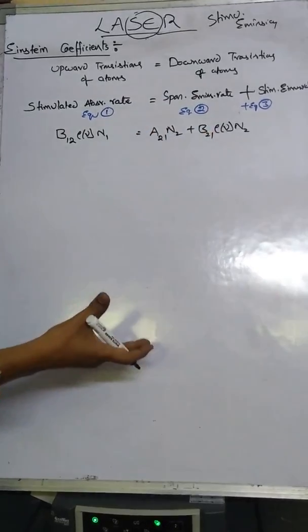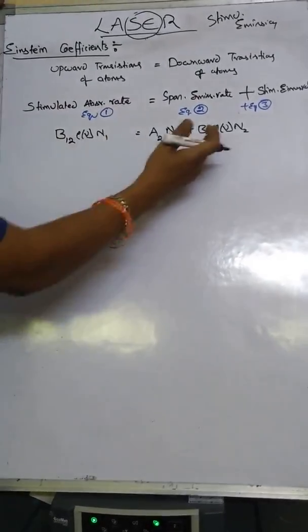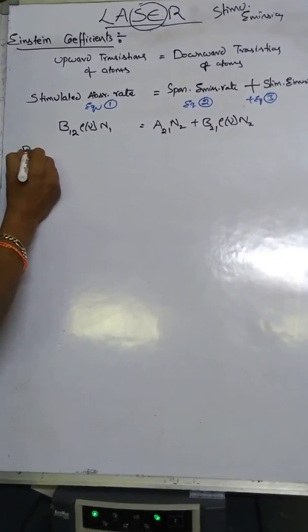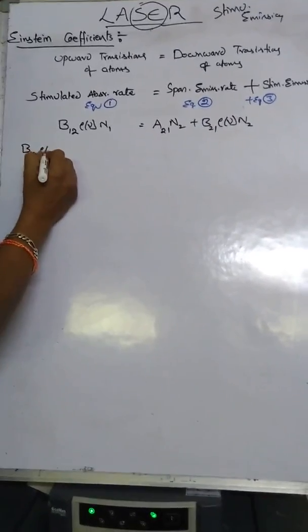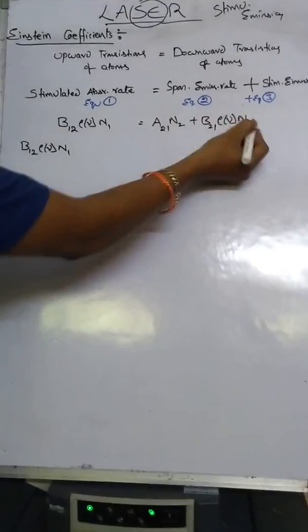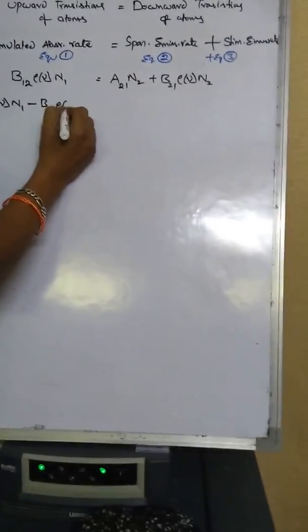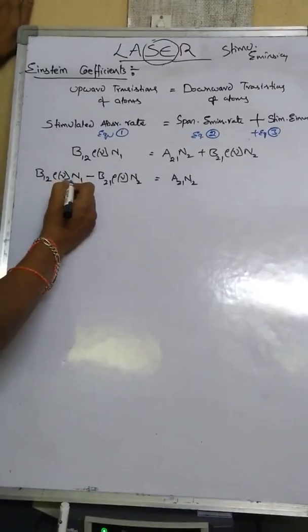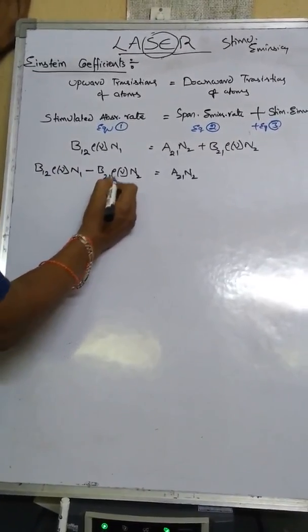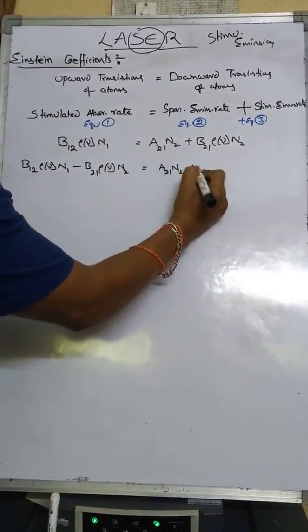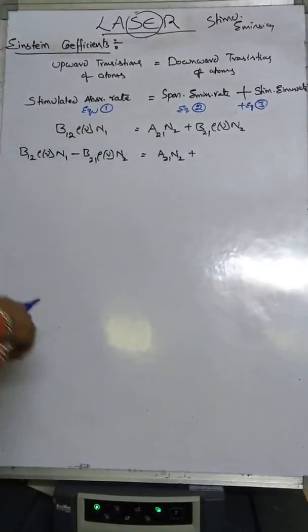Then the interesting subject, mathematics, starts, where we keep all the terms in one parameter. Therefore, B12 rho nu n1 minus B21 rho nu n2 is equal to A21 n2.